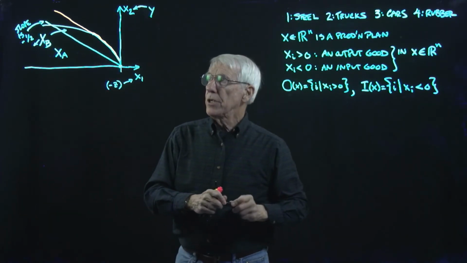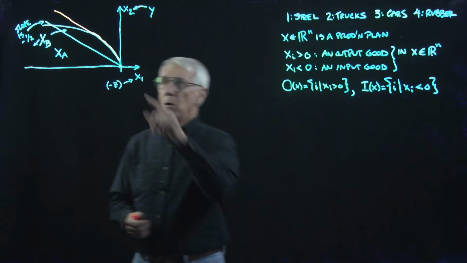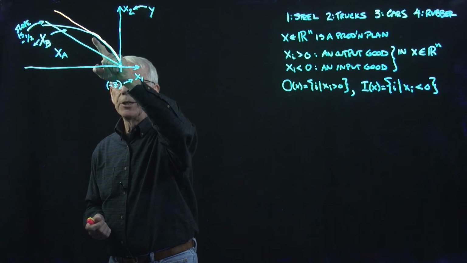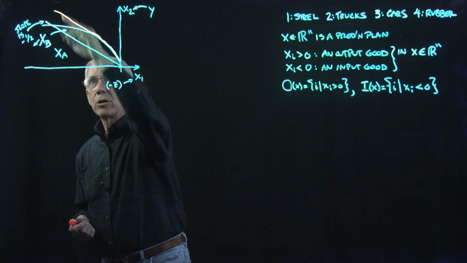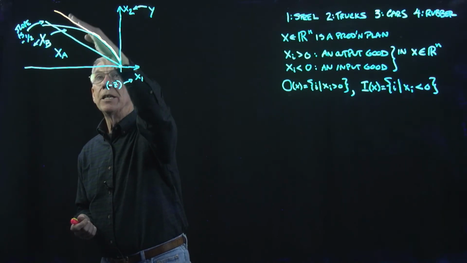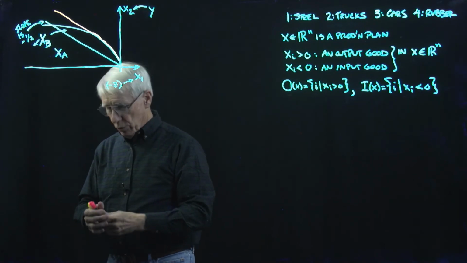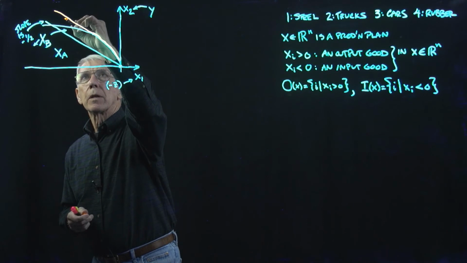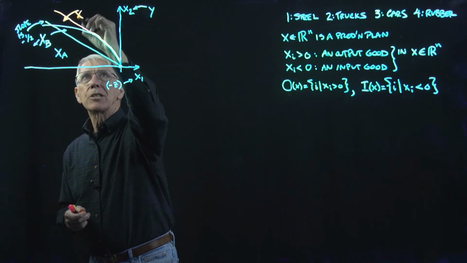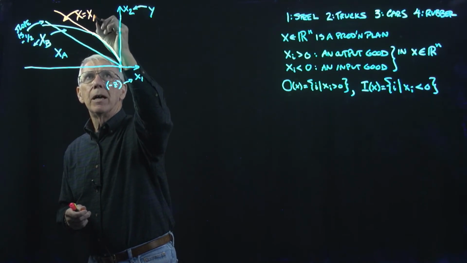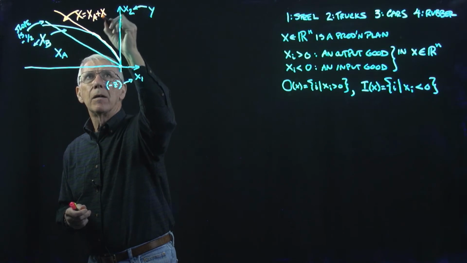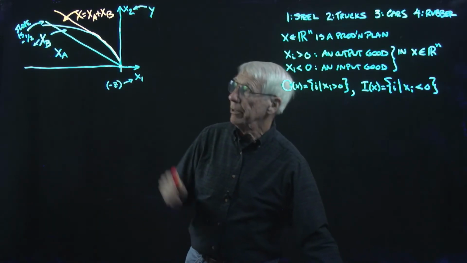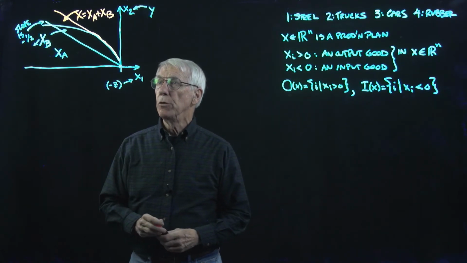So this orange curve, which coincides with the XB curve up to here, and then it's a straight line corresponding to the XA curve displaced, that would be the set X equals XA plus XB. So that would be the aggregate production set for these two firms.